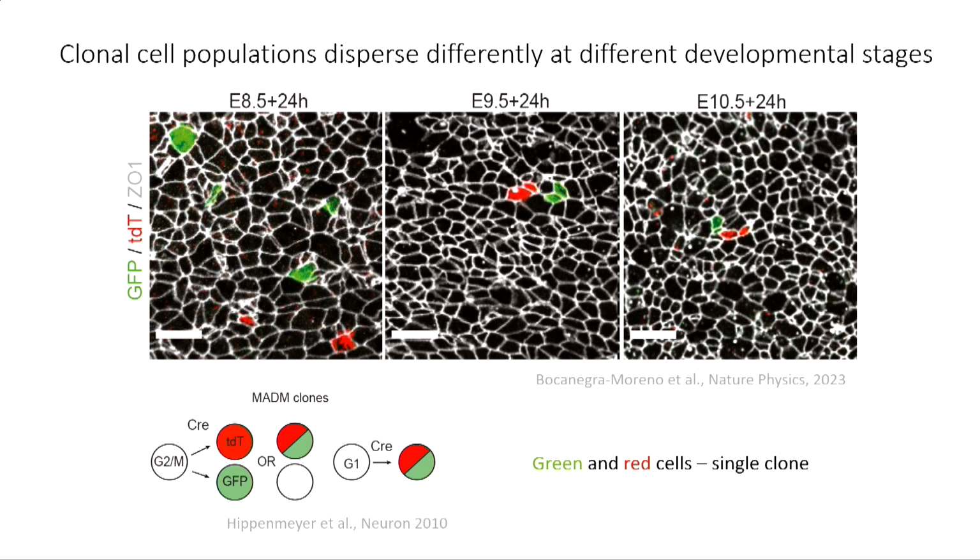And the thing is, at E8.5, these are largely dispersed, meaning the cells spread in the tissue, whereas later on, they tend to stay close to each other. This is like if you would take the neural tube, cut it along the dorsoventral, but also along the anterior-posterior axis, and then unfold it. So that's what we see here.